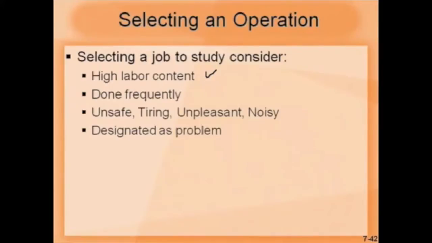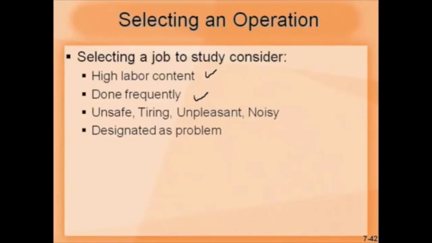But when you have more labor content, the skill level of one person and a second person could be totally different, so the variability in skill level of different people can lead to a lot of productivity losses or quality problems. So it is always advisable to consider work or an operation which has high labor content.